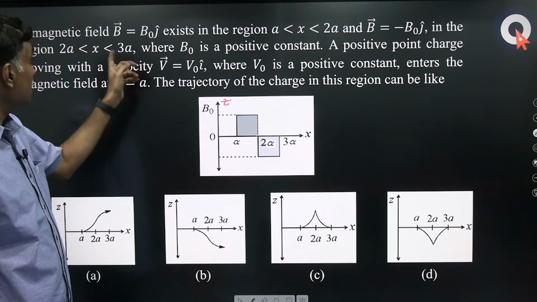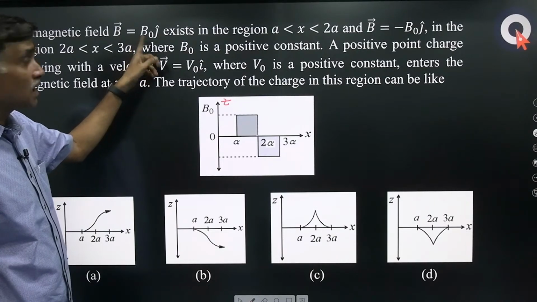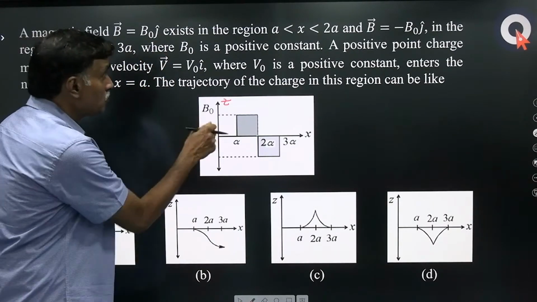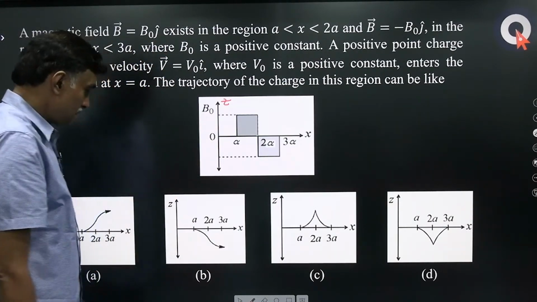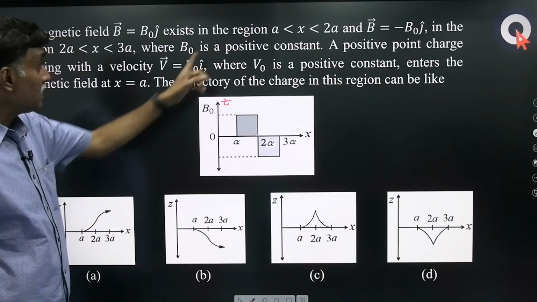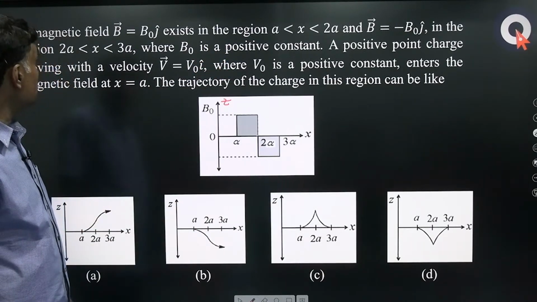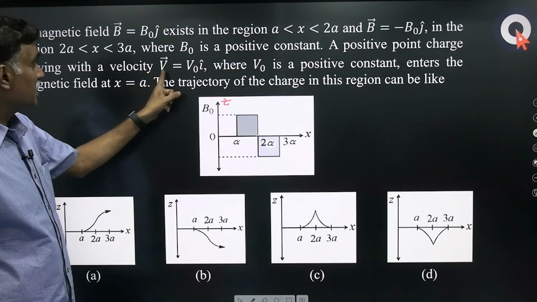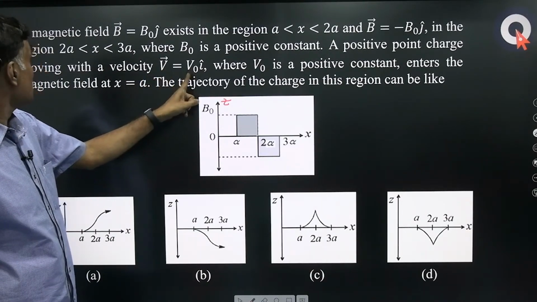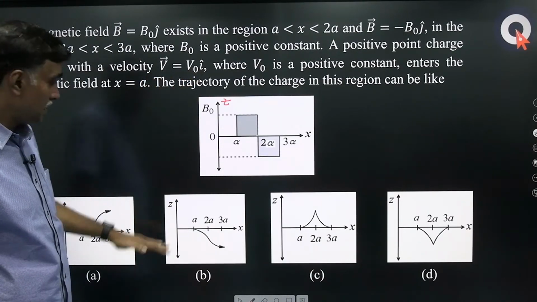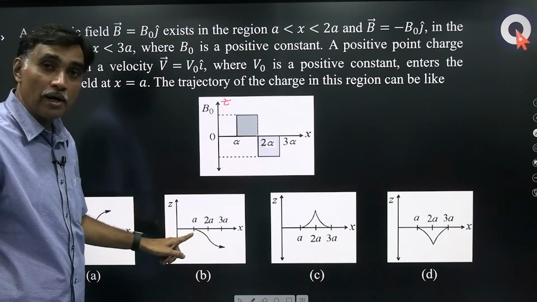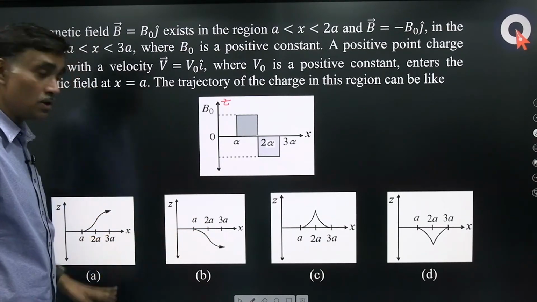So initially, what is the direction of the magnetic field? B naught j bar means the magnetic field is going into the page between A and 2A. A positive point charge has entered with a velocity v naught i bar in this direction. Once it comes to point A, it will experience a force due to the magnetic field.